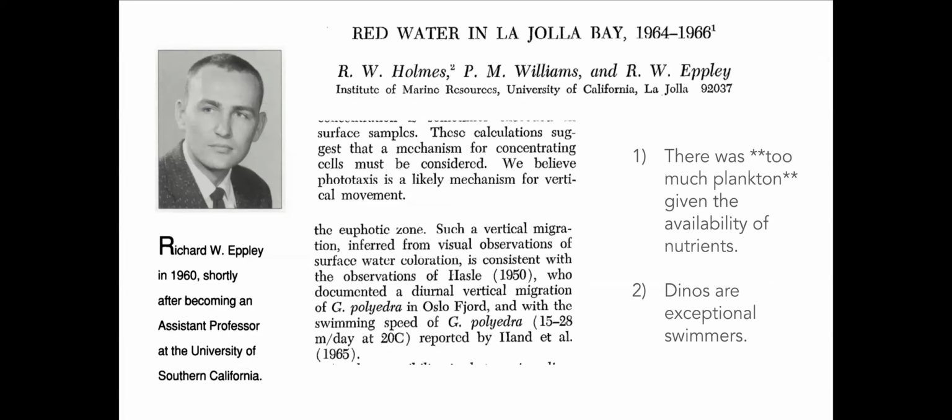And the thing that was baffling to everybody about these blooms, until Dick Eppley, a Scripps scientist, came along, was that the nitrogen budget did not add up. There was way more phytoplankton than could be supported by the amount of available nitrogen where the phytoplankton was. And that was a puzzling thing.